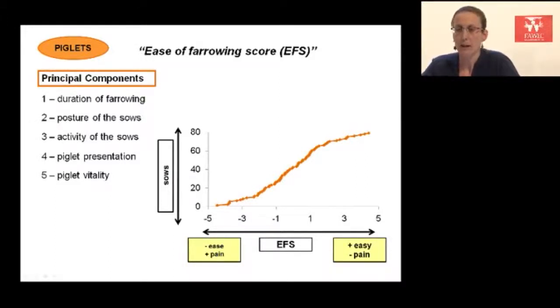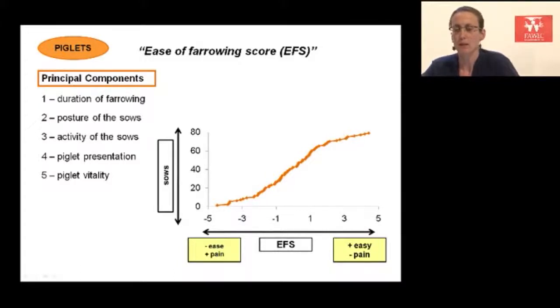There are indicators related to the mother, and also indicators related to the newborn. So you can see the duration of farrowing, posture of the sows, activity of the sows, but also, for example, the piglet presentation, meaning whether the piglet was born with a head or a back presentation, and piglet vitality, which seem to be important components and important factors in terms of pain during farrowing.